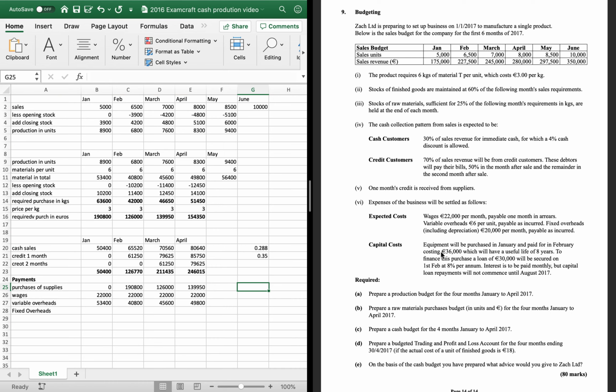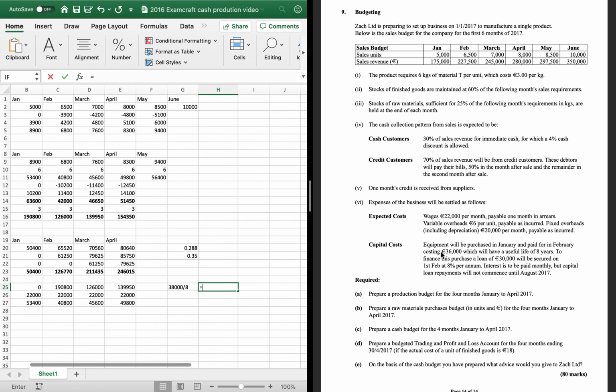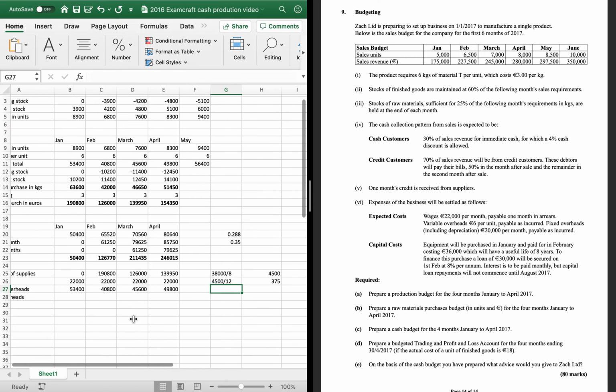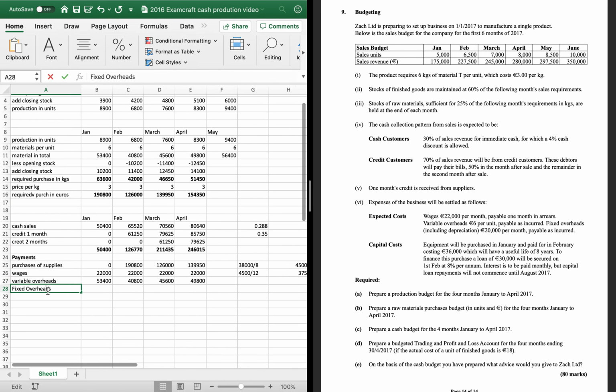Purchased in January and paid for in February, costing 36,000. Has a useful life of 8 years. So 36,000 divided by 8 gives you the depreciation for 1 year, which is 4,500. Then you have to work out how much that is per month. So per month it's 4,500 divided by 12, which is 375. So the 375 is not included.